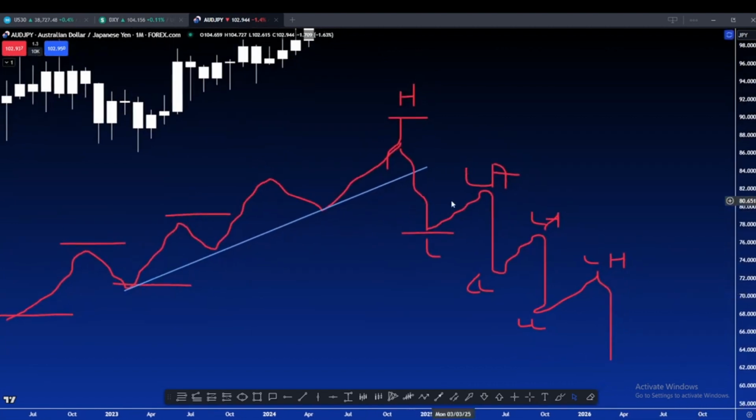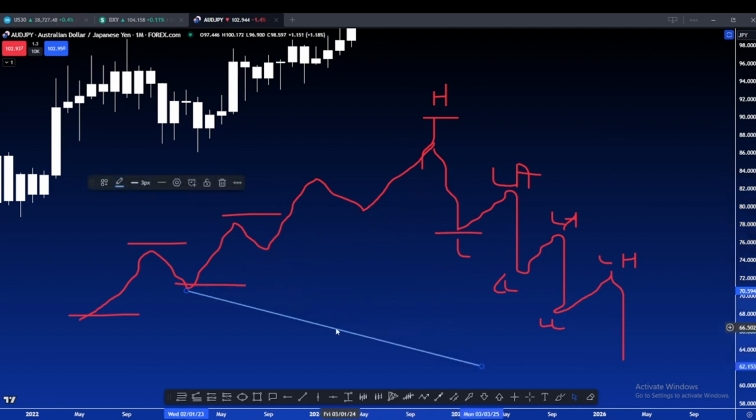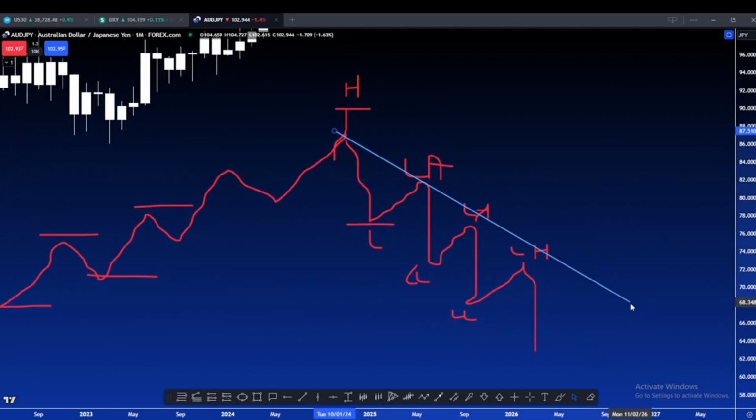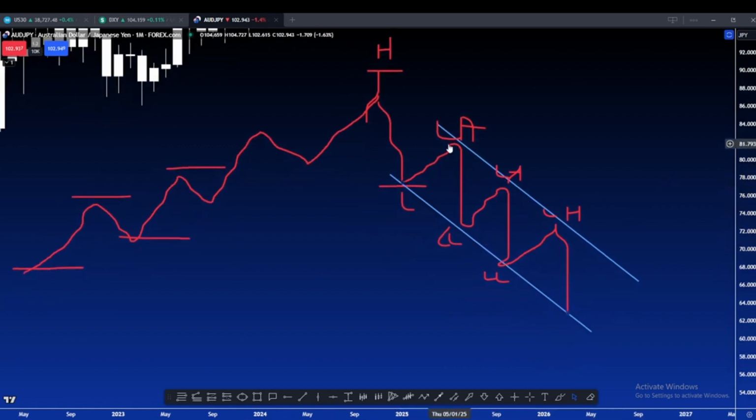All right, because now in a downtrend, remember in the uptrend we connected the higher lows, not the higher highs. So now in a downtrend we're going to use that same trend line, and now we're going to connect the lower highs. Boom. A lot of people do this, they connect the lower lows. Now when you look at it, this is a channel.